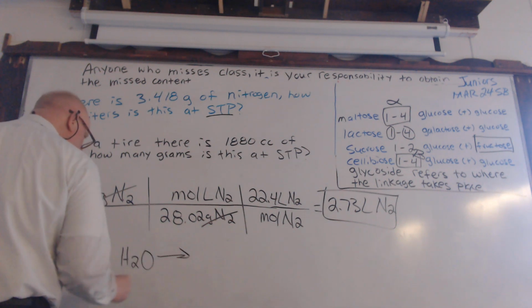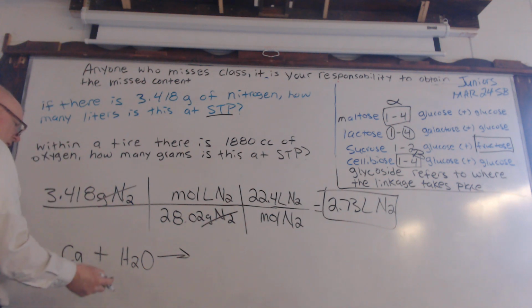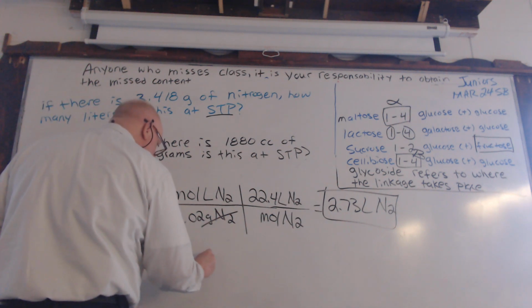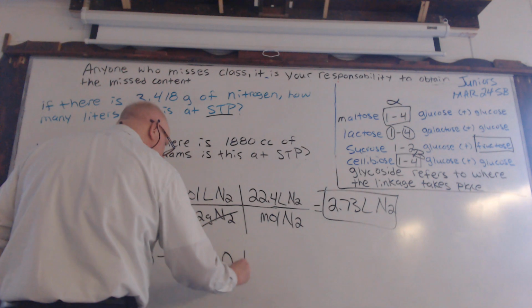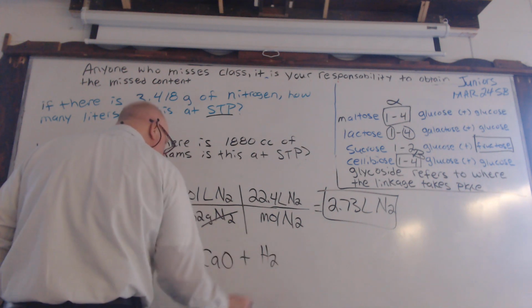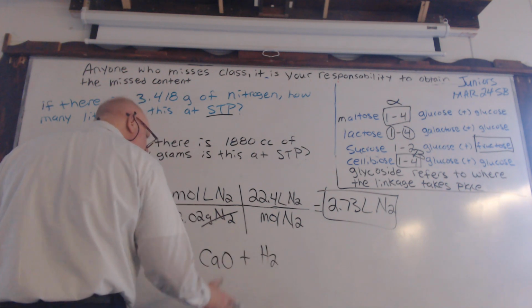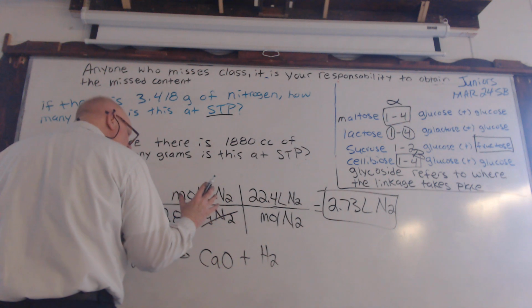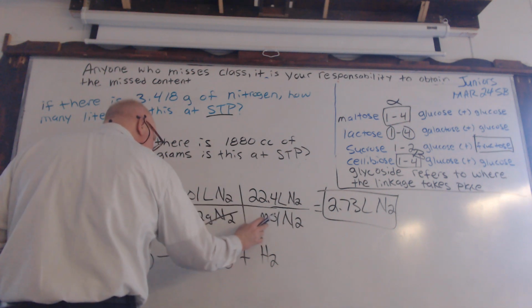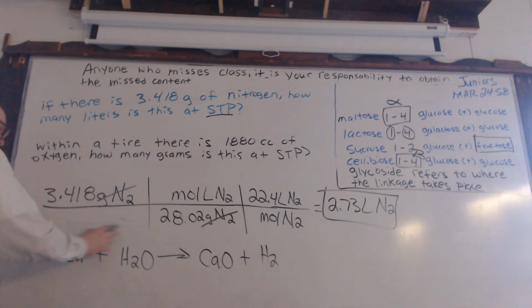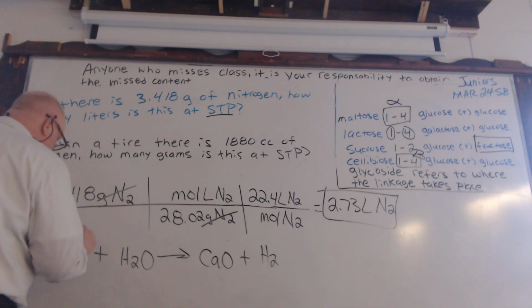Okay. Well, then this would go through, we could say, a single replacement reaction, calcium oxide plus H2. So then one of the things, if we certainly needed a certain amount of hydrogen, one of these is going to be your limiting reactant. And maybe it's the calcium.